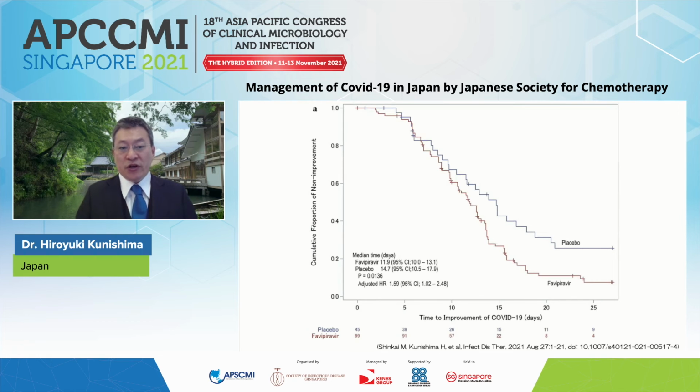The primary endpoint was improvement of body temperature, oxygen saturation level, and findings on chest imaging, and also the duration of clearance of SARS coronavirus 2. The median was 11.9 days in the favipiravir group and 14.7 days in the placebo group. The adjusted hazard ratio was 1.593, a statistically significant difference.